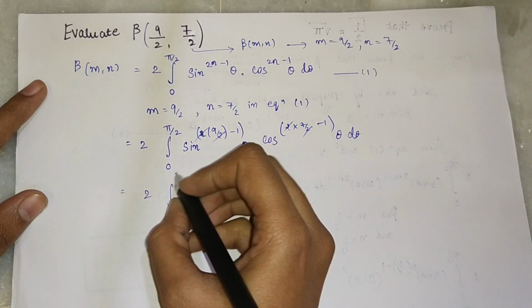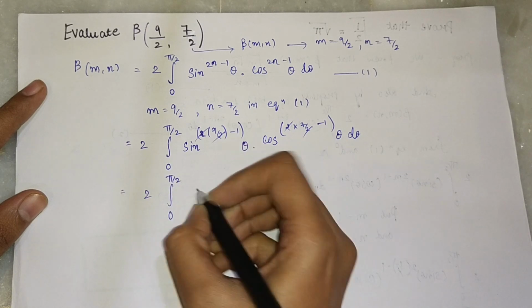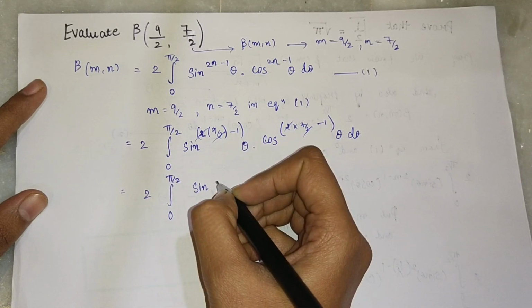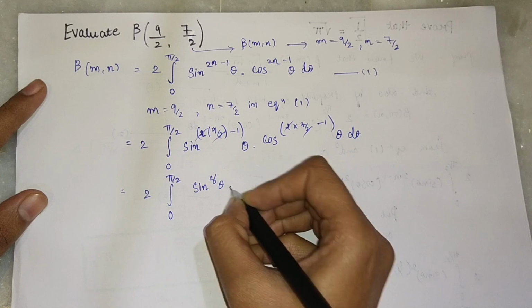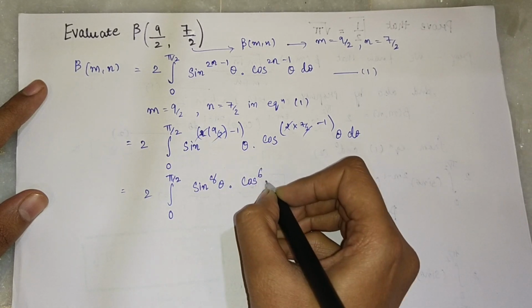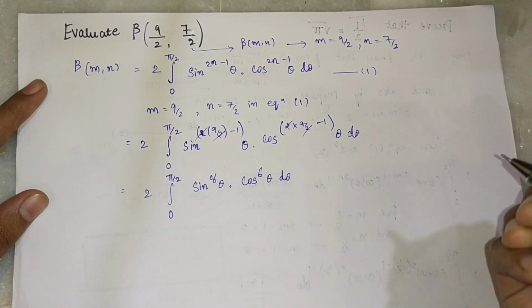So 2 integral 0 to pi by 2 sine raised to 8 theta into cos raised to 6 theta d theta.